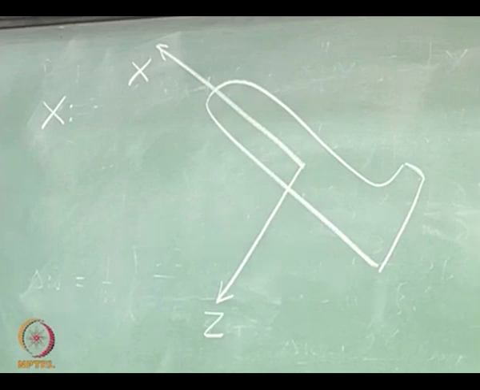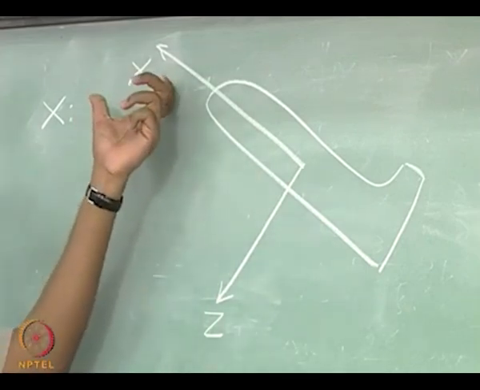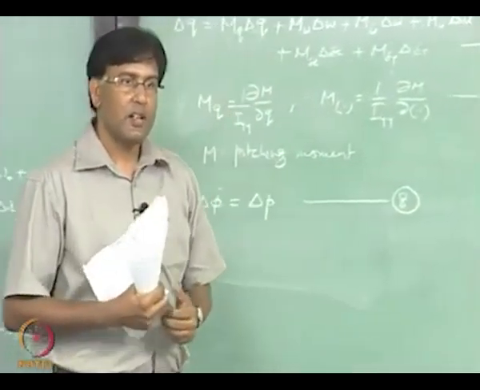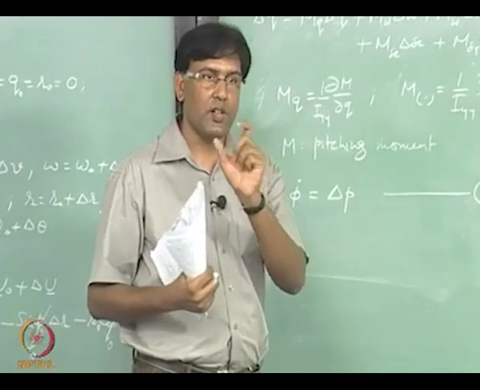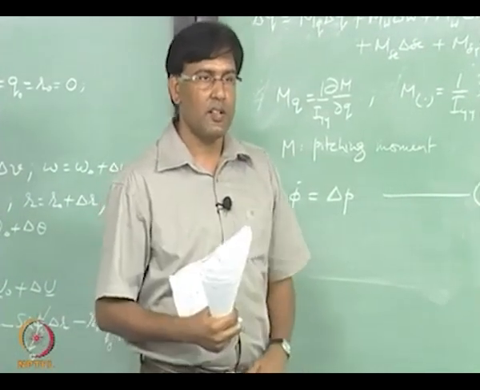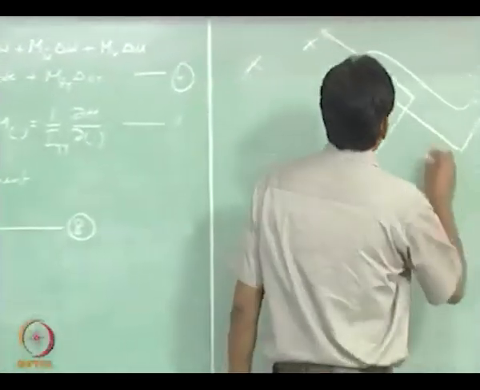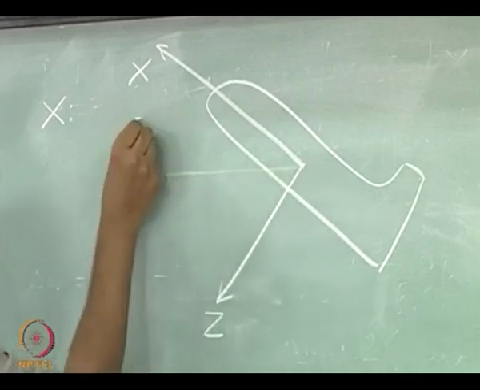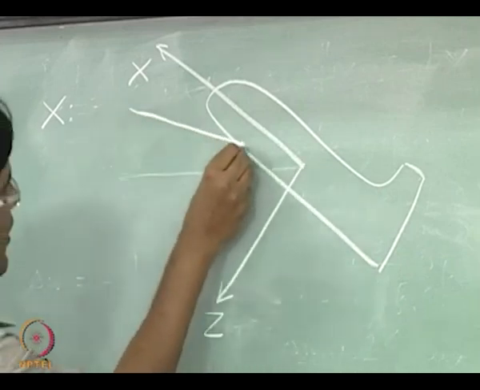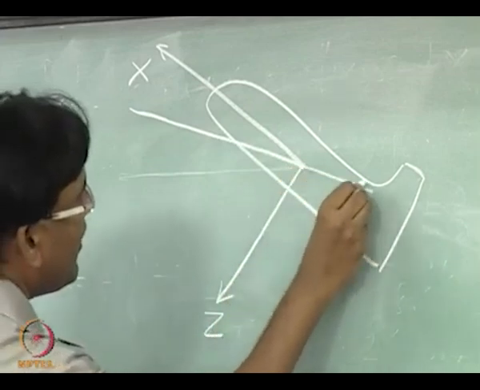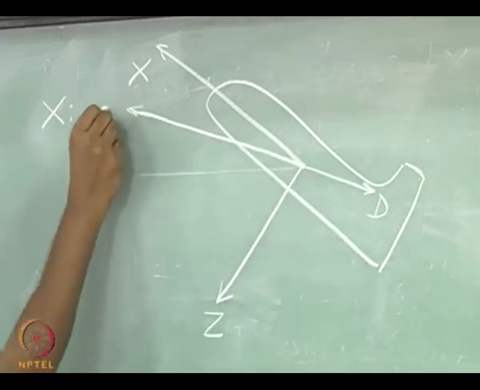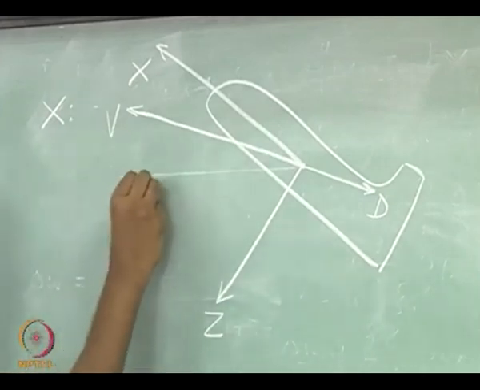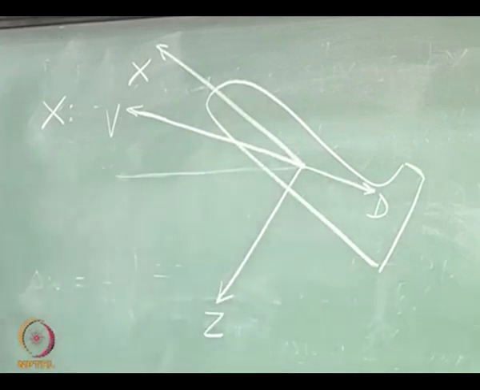So, here we will try to keep that. Okay. If the thrust is not changing with the perturbation in forward velocity, then we can drop that. So, aircraft is actually climbing.